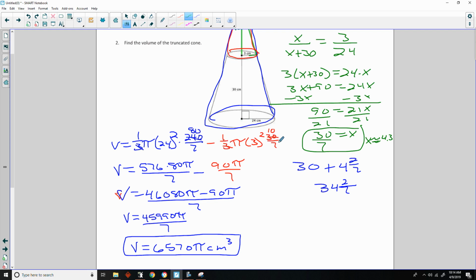And since that happens at the beginning, notice my problem is exact. I never rounded, I never estimated. I got an exact answer of 6,570 pi centimeters cubed. I'm telling you this because as you advance in math, accuracy is important, of course. And now watch, I'm going to bring in the key from the teacher's edition.